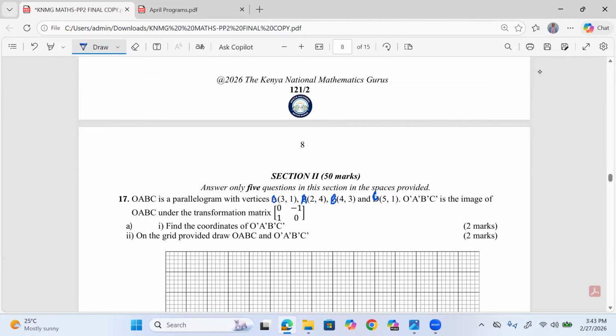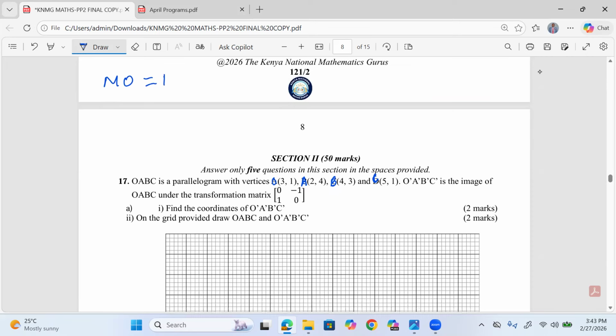We're supposed to recall that a matrix of transformation multiplied by the object gives us the image. And with that, we just have to write the matrix here, 0, -1, 1, 0. Then now we write O, A, B, C. We write the coordinates there. If it is O, we write it as a column vector 3, 1. If it is A, 2, 4.